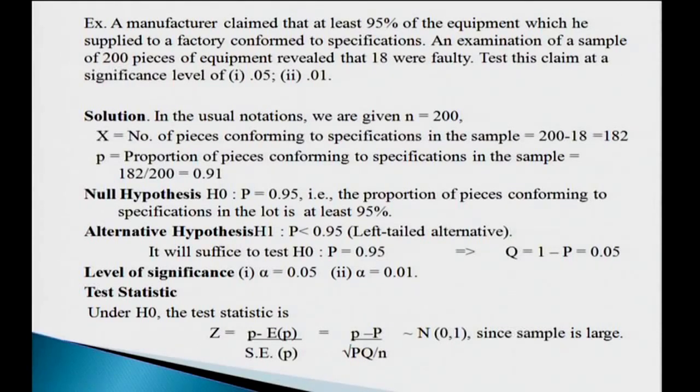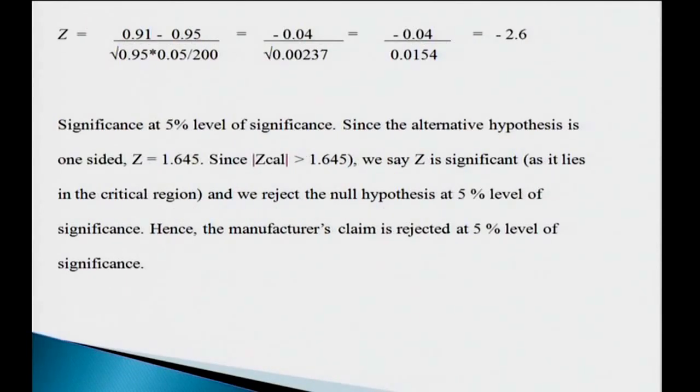So, here please calculate Z cal, which would be p. We are repeating the same formula. I hope you are now very much comfortable with this: p minus capital P by the standard error, square root of PQ by n. So, you calculate this, what is the value? It is coming out to be 2.6, and since it is a one tailed test, verify at one tailed the 5% value.